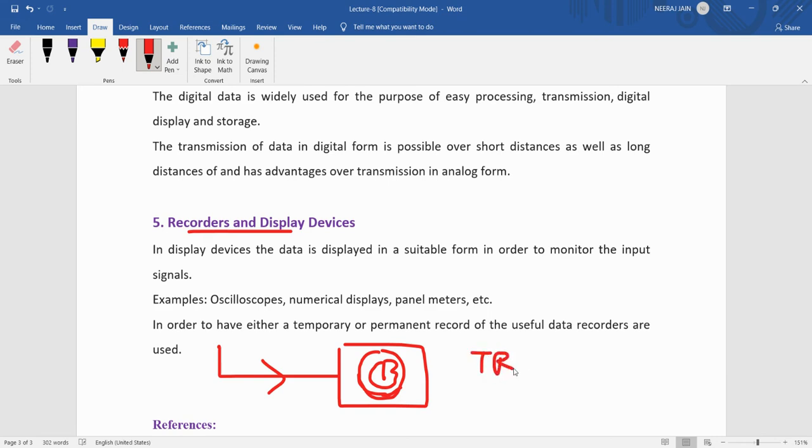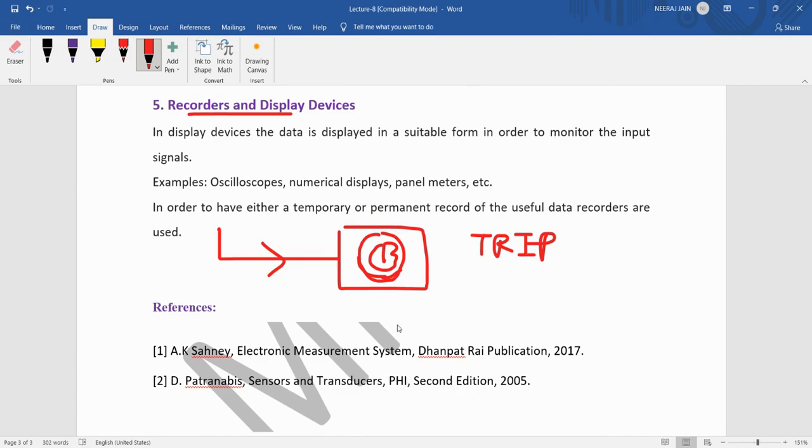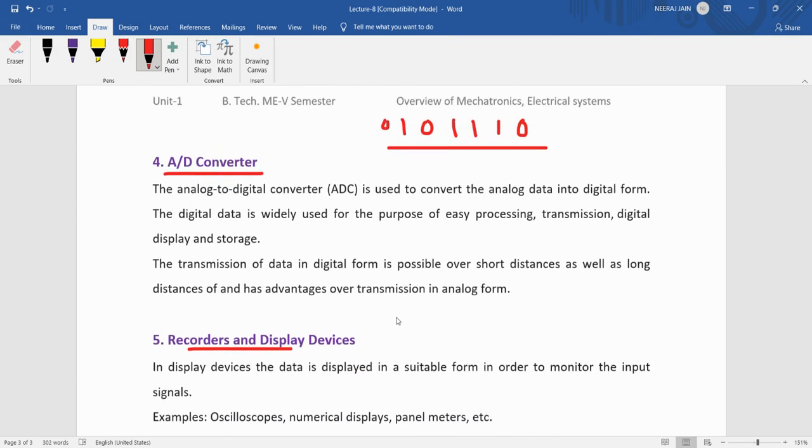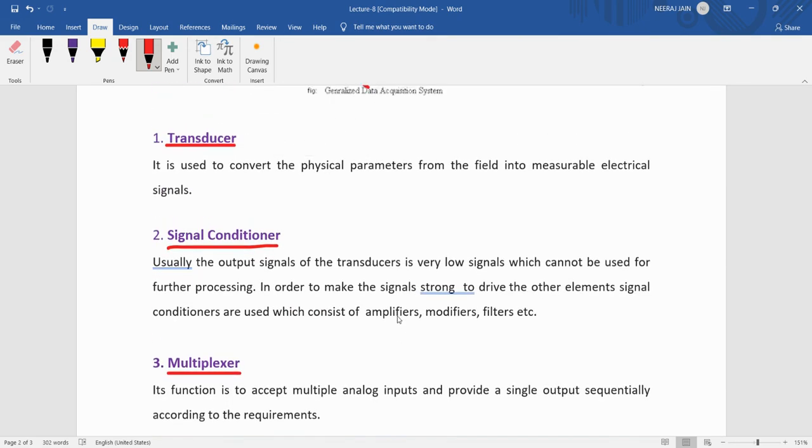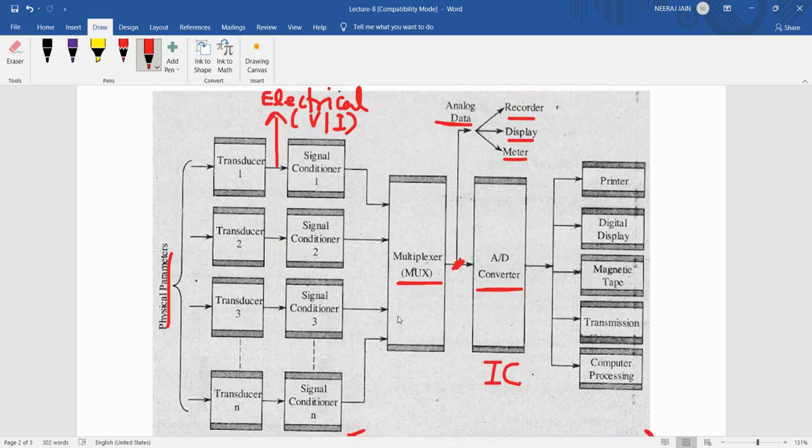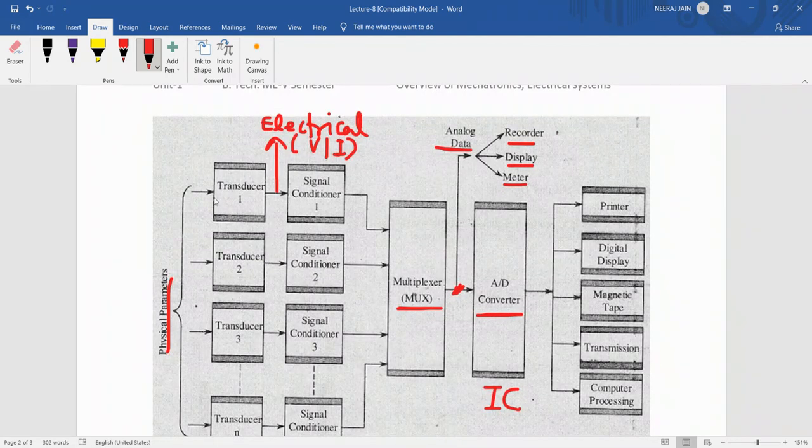In this way, in all our power plants, especially thermal power plants, and also nuclear and hydro power plants, we widely use this type of DAS system, in which all the engineers sit in a central room and monitor all the physical parameters on the machines.